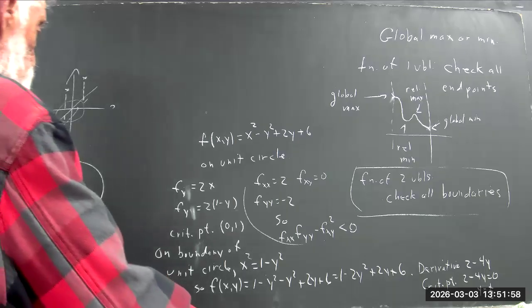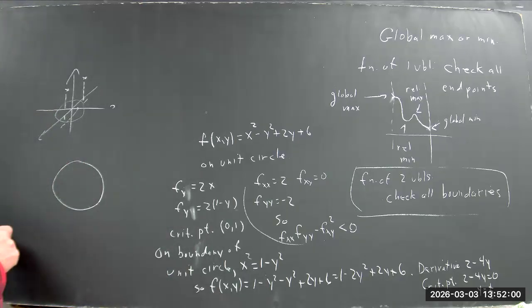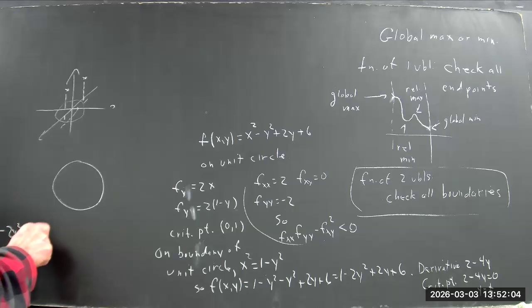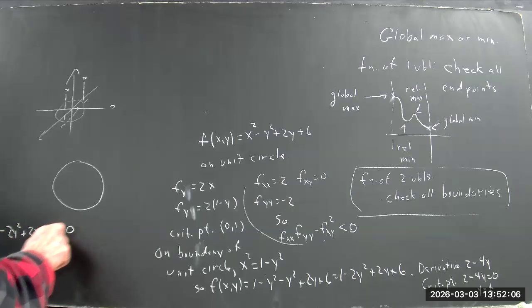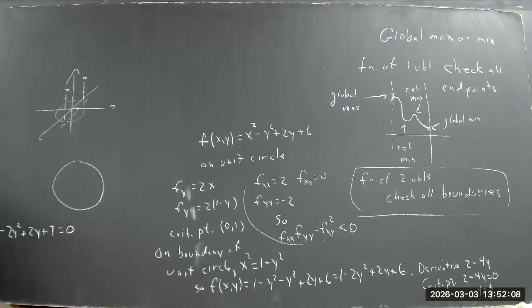I mean, I'll just do it real quick. You've got minus 2y squared plus 2y plus 7 equals 0. Your axis of symmetry for this would be y equals 1/2. Axis of symmetry is like your quadratic formula: negative b plus or minus the square root of the discriminant over 2a.